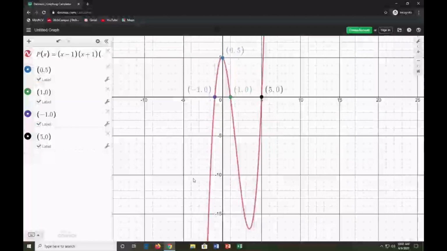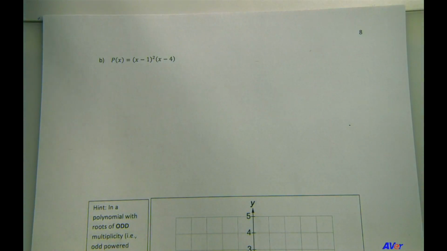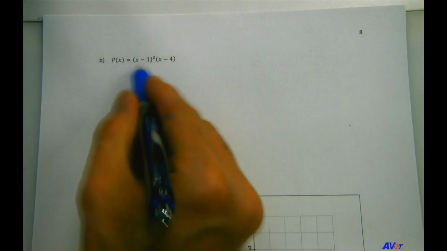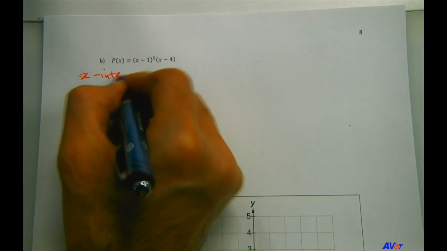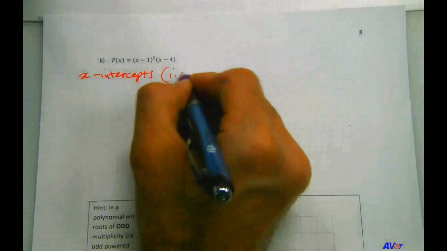Okay, now let's switch back to the dot camera. So here, this should go more smoothly because now we know how the procedure works. So the first factor, let's find the x-intercepts, i.e., these are the zeros of the polynomial.